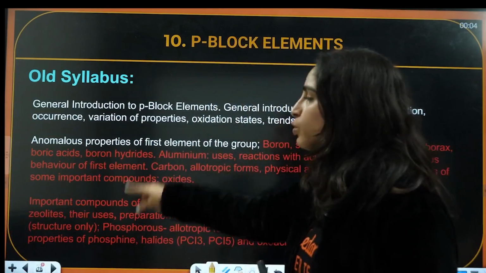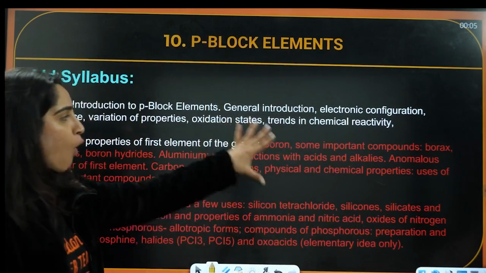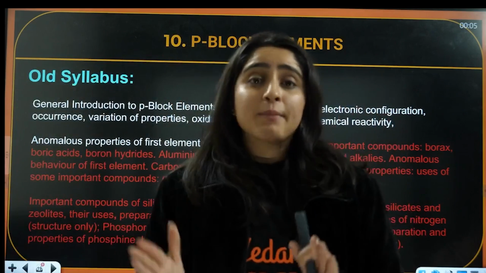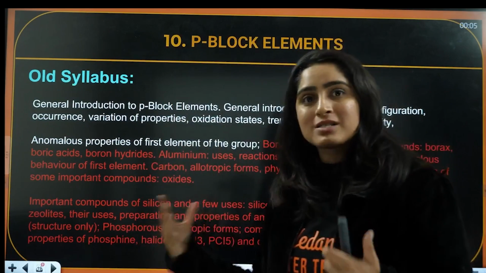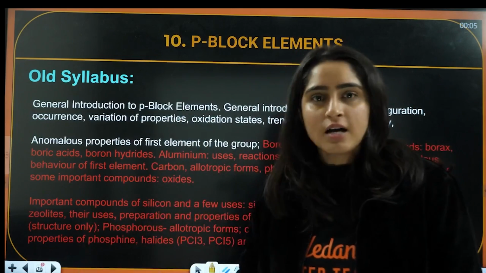So you have to go through structures. It is a definite thing that you have to study the structure of all these compounds, even if they are removed from your syllabus, because that is included in the chemical bonding itself. In chemical bonding, you study the structures, right?